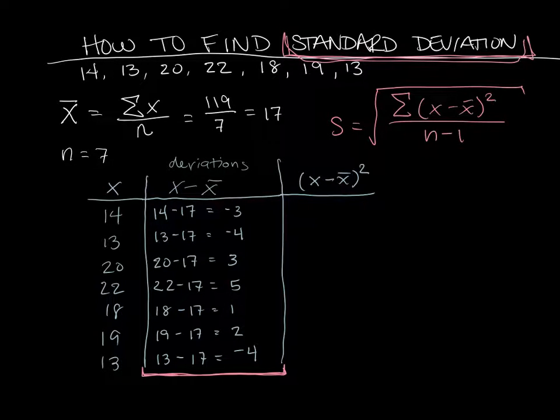So I'm going to do that on my calculator. When I added them all up, it gave me a sum of 0. And we all know that 0 divided by anything, which is going to be 7 because I have 7 deviations, that's not okay. Not okay.